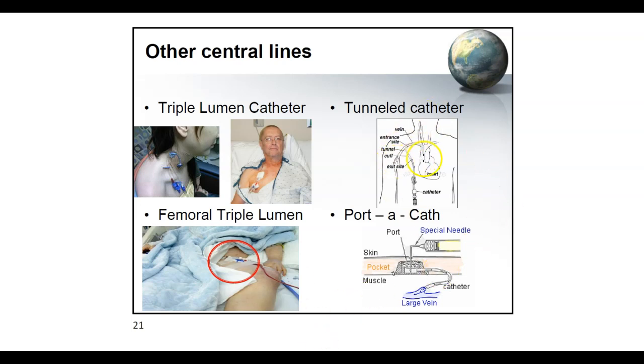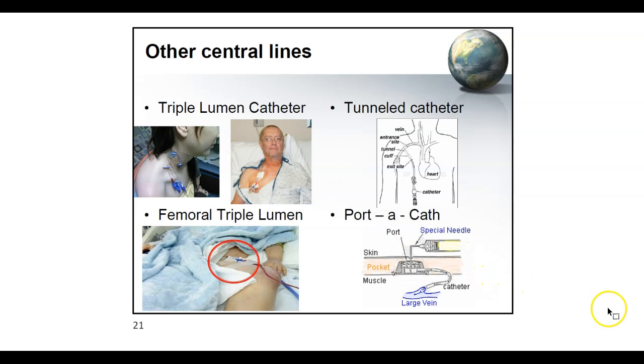Next, you have tunneled catheters. Usually tunneled, they stay longer, and literally it is tunneled. So unlike the peripheral that starts from the arm, it goes all the way there. They basically make an incision on the chest area and they tunnel it. And there's usually an attachment or a cuff to keep the catheter in place. And you also have a portacath.